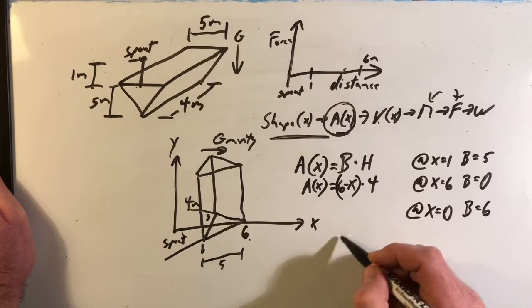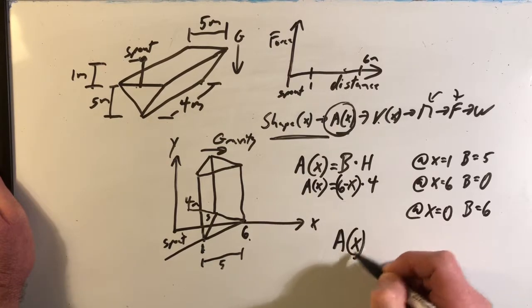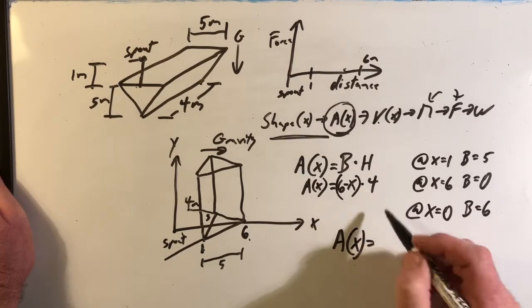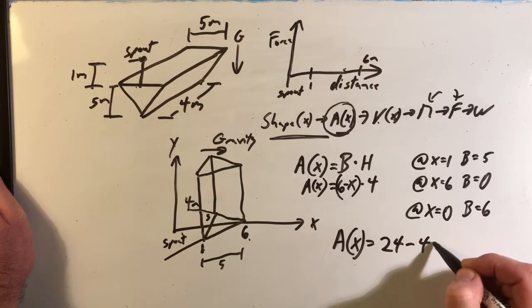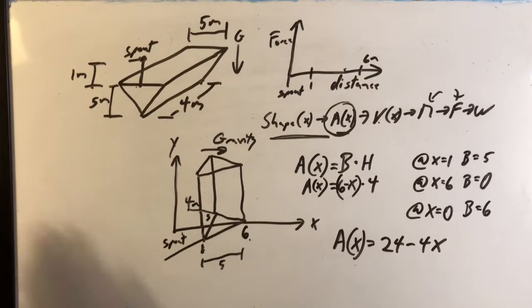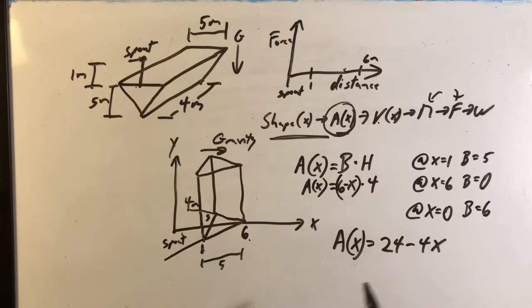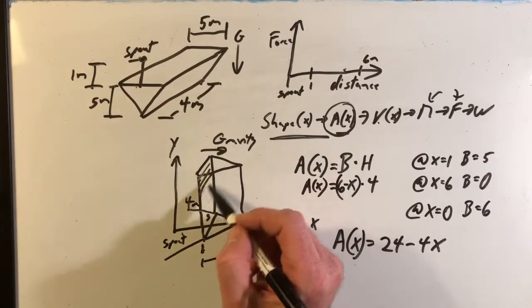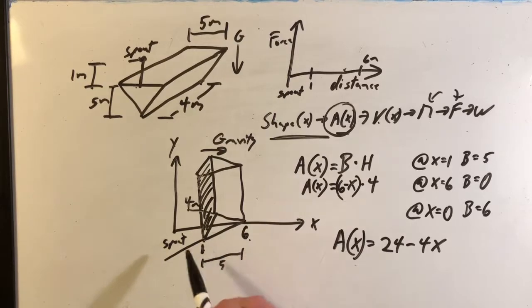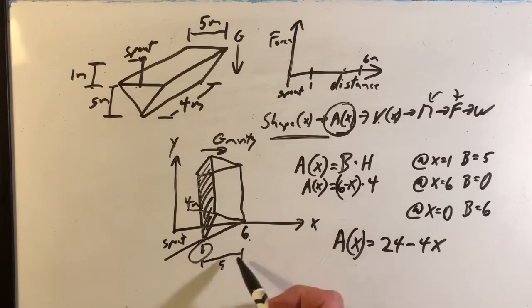So my A of x, I'm just going to distribute this out, is 24 minus 4x. Hopefully that makes sense to you. So that is going to be the area of that front face, this face here, as you change x. I don't have to program in the start and stop points.